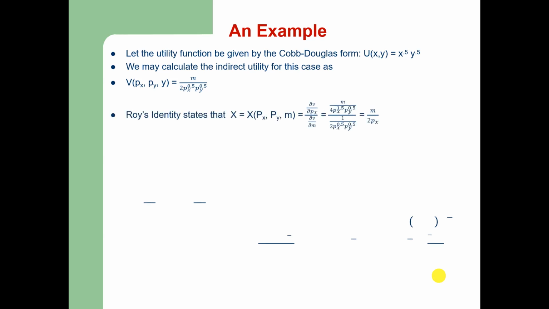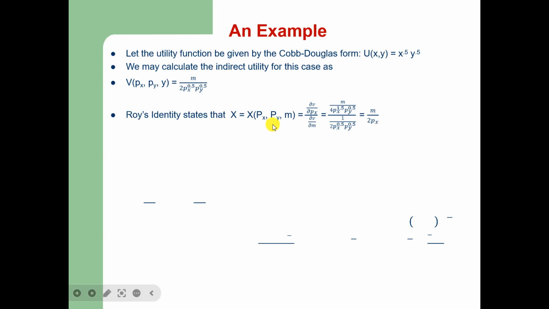And Roy's identity states that the Marshallian demand function, which depends on price of x, price of y, and m, is equal to the partial derivative of the indirect utility function with respect to price of x, divided by the partial derivative of the indirect utility function with respect to income, and finally we get the Marshallian demand function for x is equal to m divided by 2px, where m is the consumer income and px is its own price.